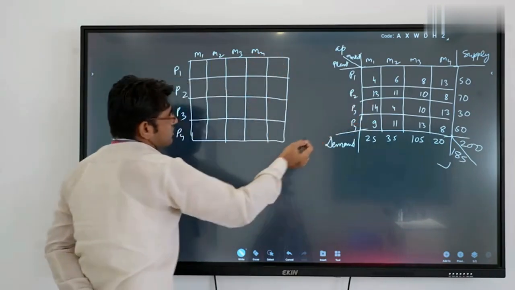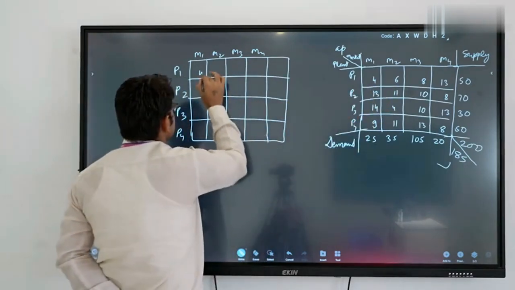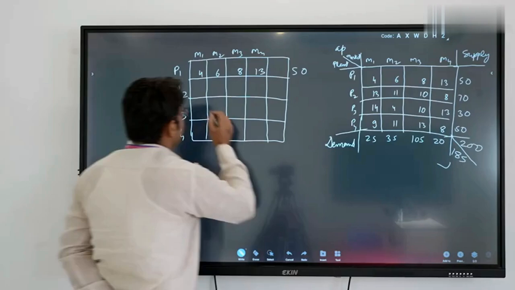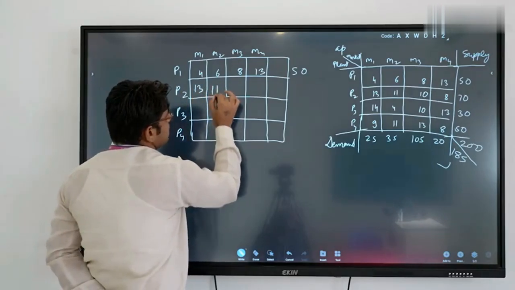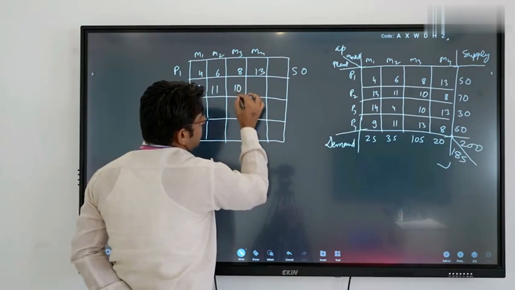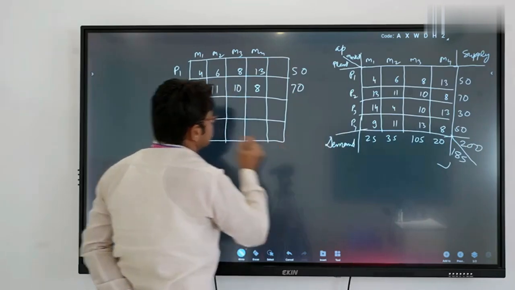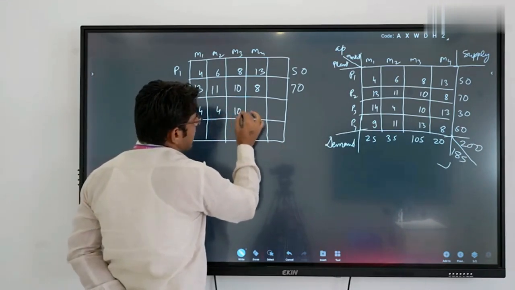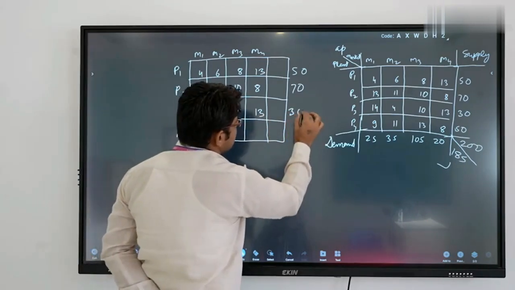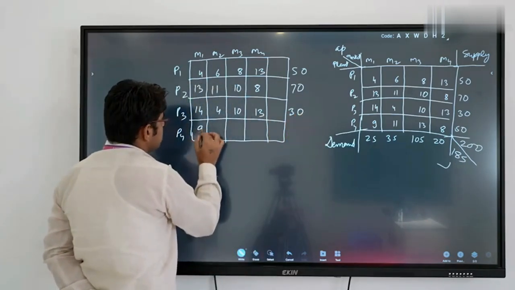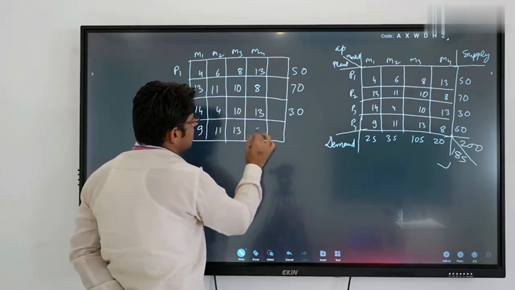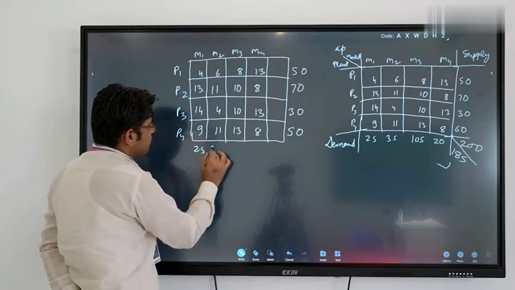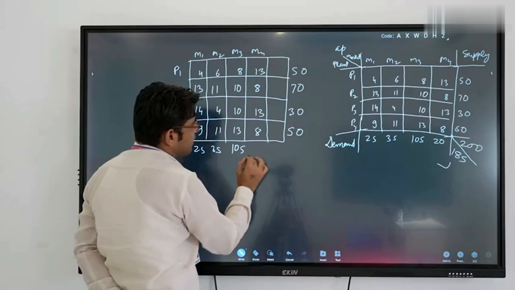The cost cell values are 4, 6, 8, 13 and supply is 50, and plant 2 is 13, 11, 10, 8, 70, and plant P3 is 14, 4, 10, 13 and supply is 30, and plant 4 is 9, 11, 13, 8 and 50, and demand is 25, 35, 105 and 20.